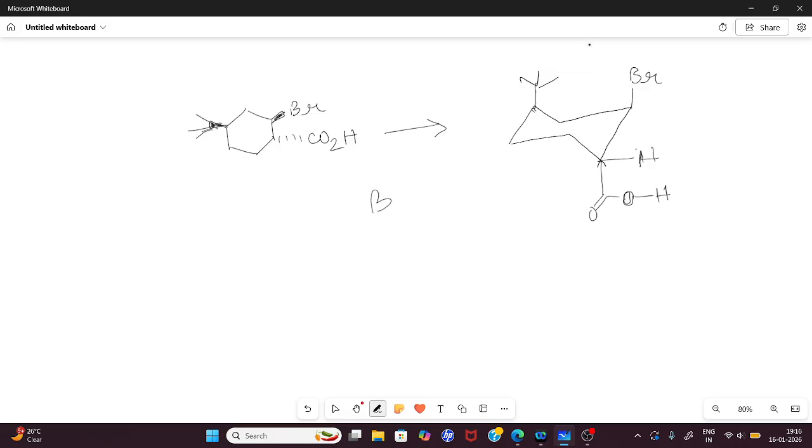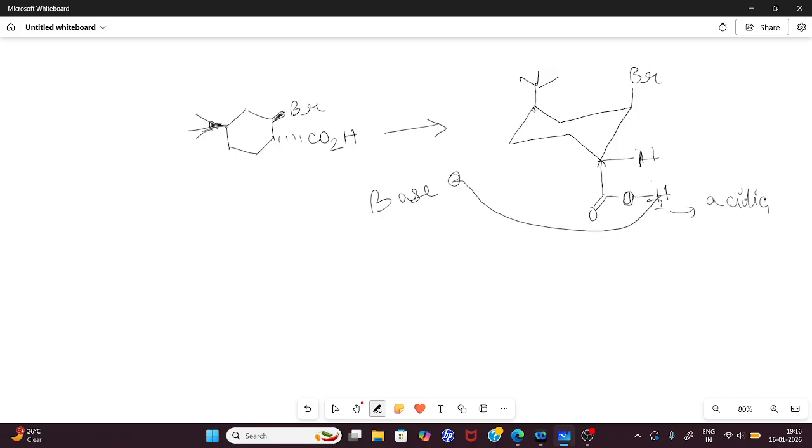So when you provide a base, we know the carboxylic acid proton is a highly acidic proton. I think we all know that. Now, since the hydrogen or proton is not directly anti-parallel to the bromine group, and since this has significantly greater acidity as well, both factors favor the abstraction of this particular proton.